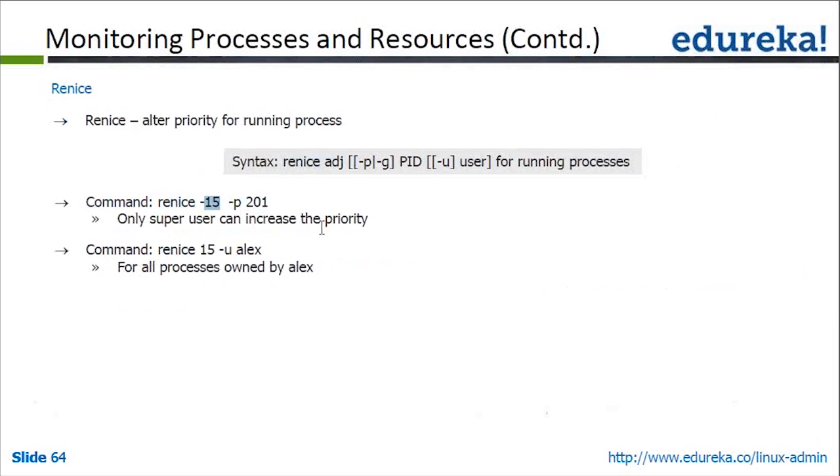This is the priority which I want to set, and this is for the process ID. So there are two ways. You can set it at a process ID level, or you can also set it at the user level. That means for this particular user, all the processes that are running with this particular username, you can change the priority for all such processes.